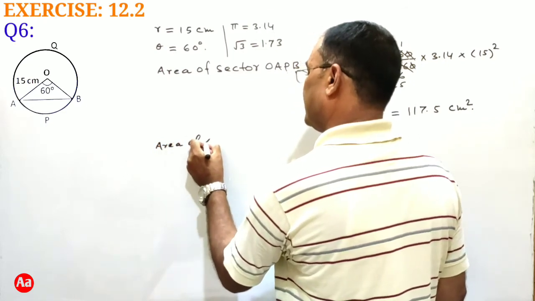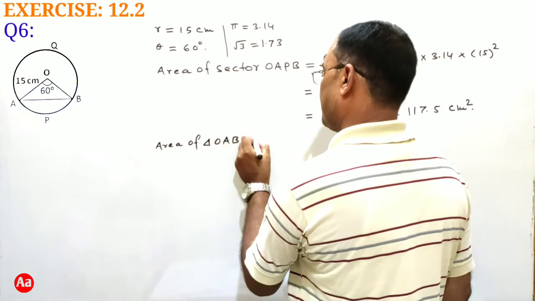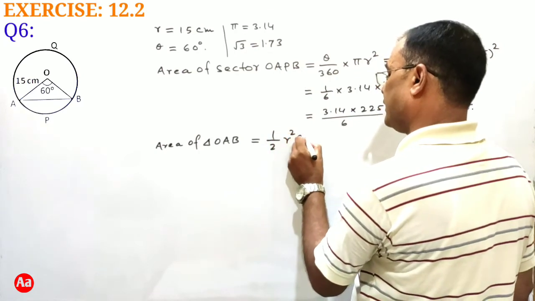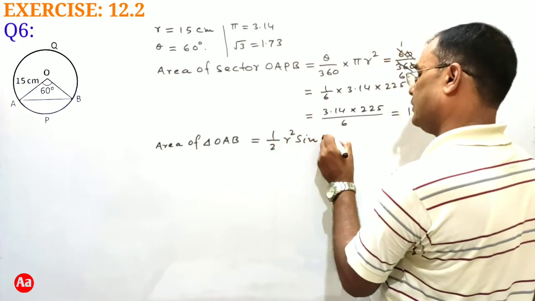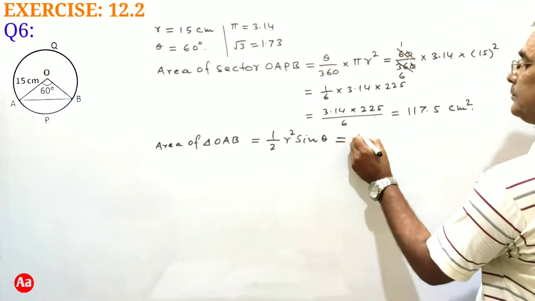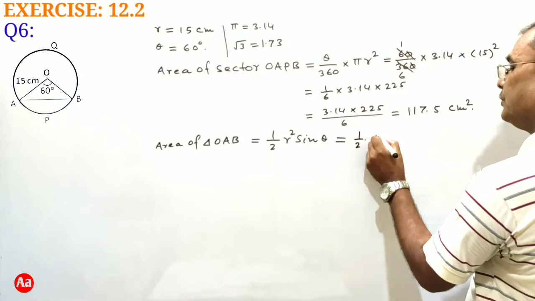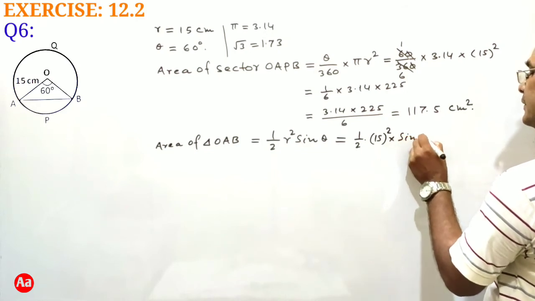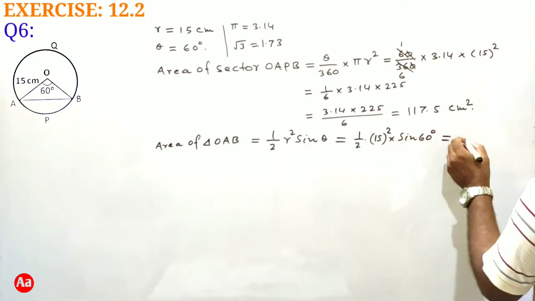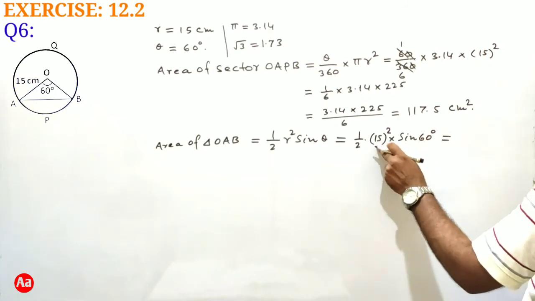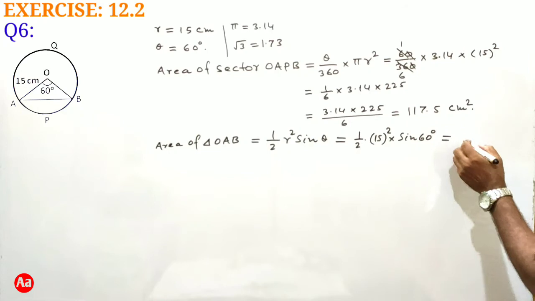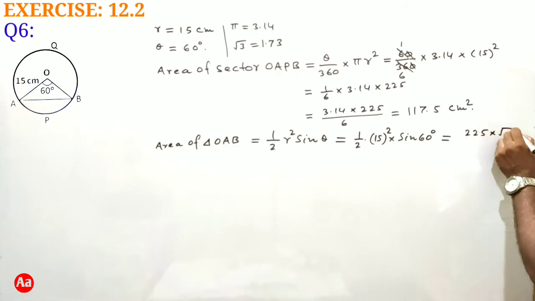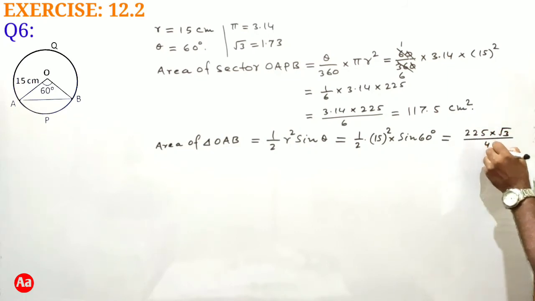Now area of isosceles triangle OAB. Area of triangle OAB is equal to half r square sine theta, is the formula, and it is equal to half into 15 square into sine 60 degrees, and this is equal to 15 square, 225 by 2 into root 3 by 2. That is 225 into root 3 by 4.